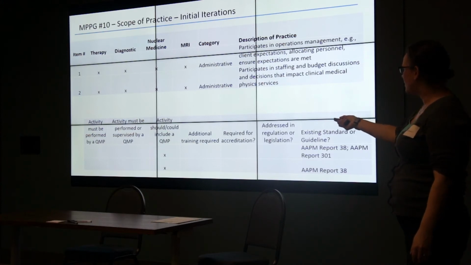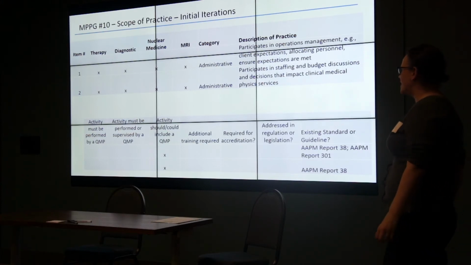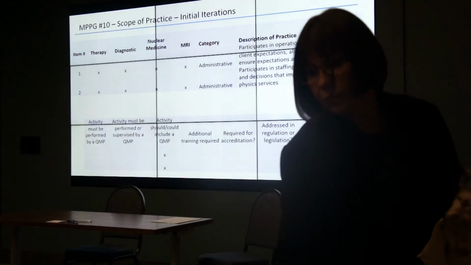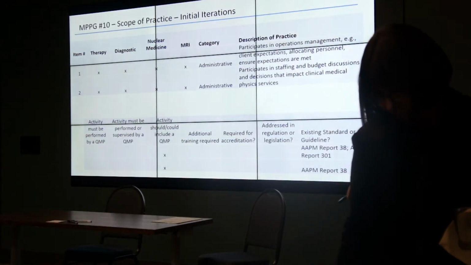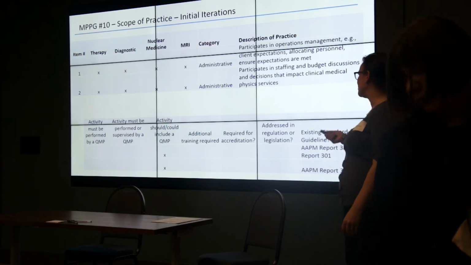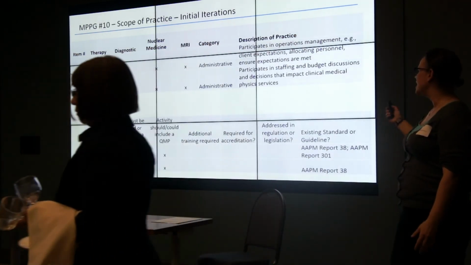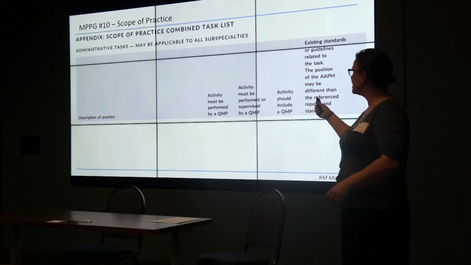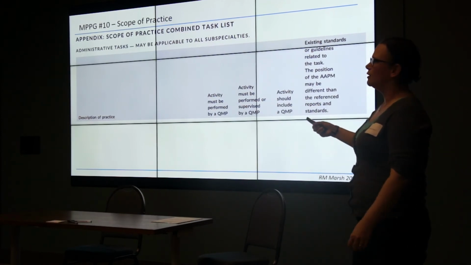So this is what we started out with, dividing it up into these categories. Is additional specific training required? Is a QMP required for accreditation? Is there something addressed in the regulation or legislation? So this is kind of the thought process, and this is what we ended up with.